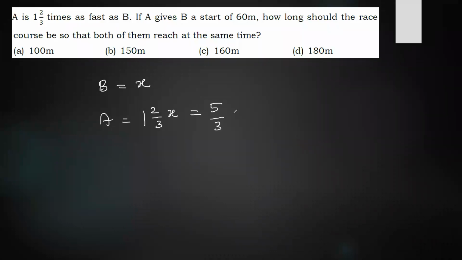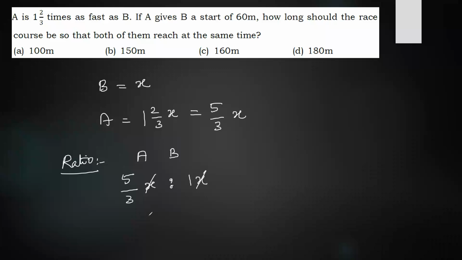A is 1 2 by 3 times as fast as B. So if we take B as x, A will be 1 2 by 3 times x. Multiplying, 1 into 3 plus 2, so 5 by 3x.